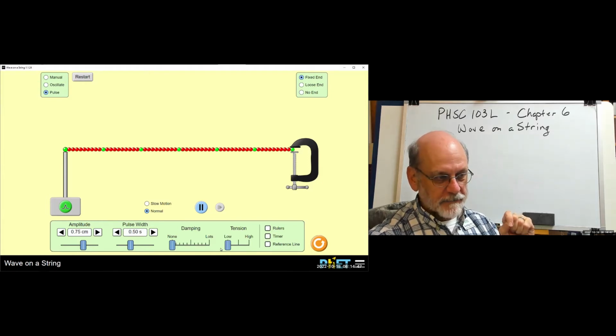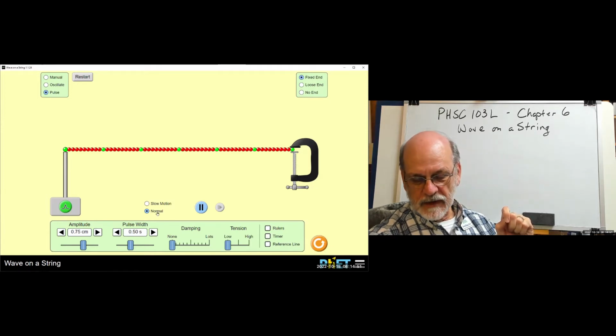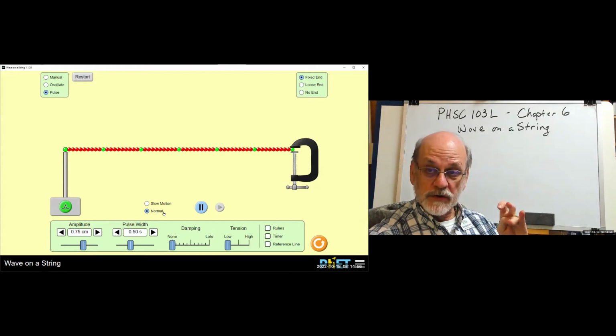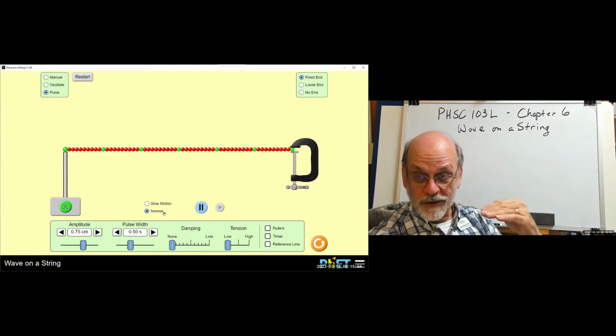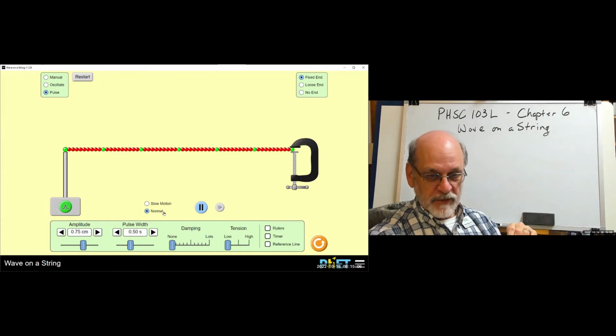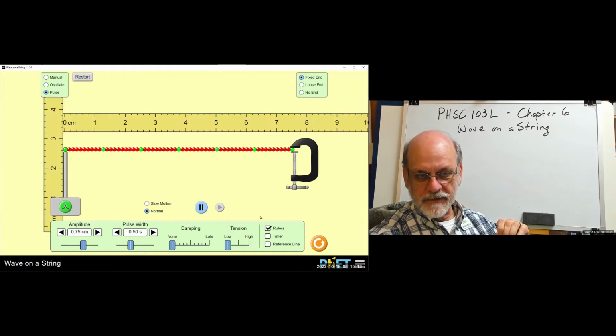And then, let's see, one other, check normal. Normal's okay in the beginning. We may select slow motion at some point during these simulations, because things happen a lot slower and it's easier to get an idea of what's going on in the simulation. But for now, we'll set it on normal. We want rulers. All right, there we go.